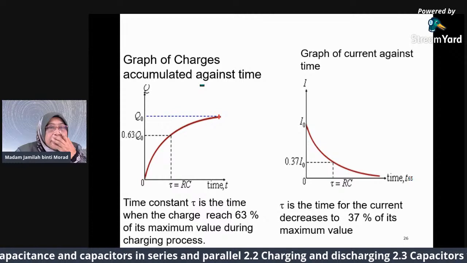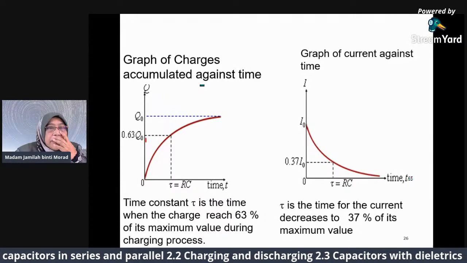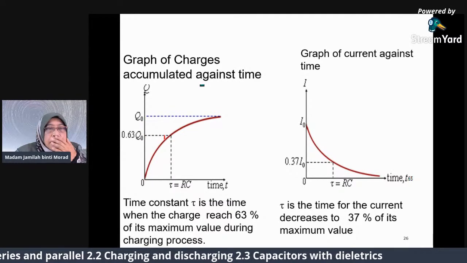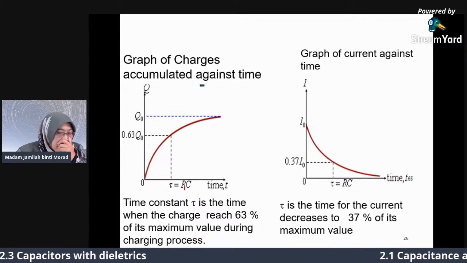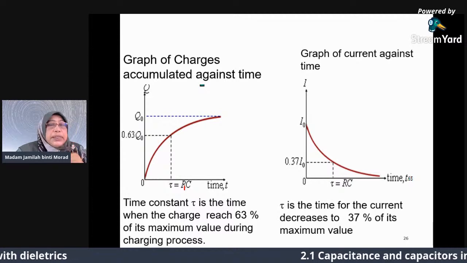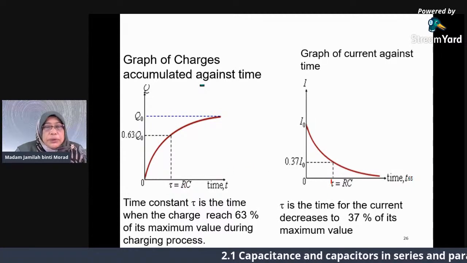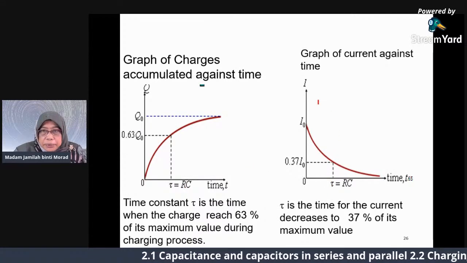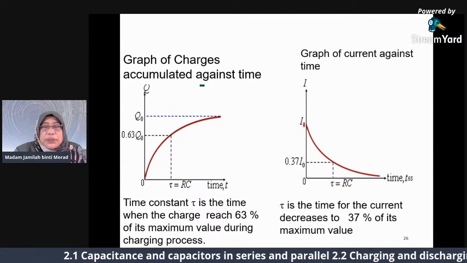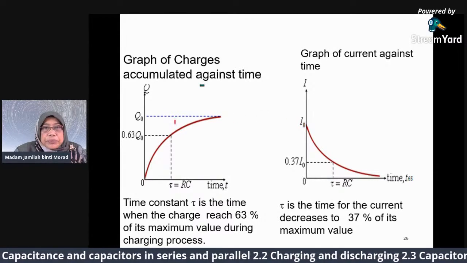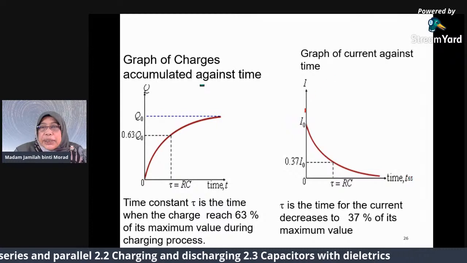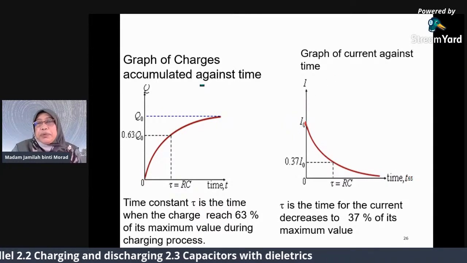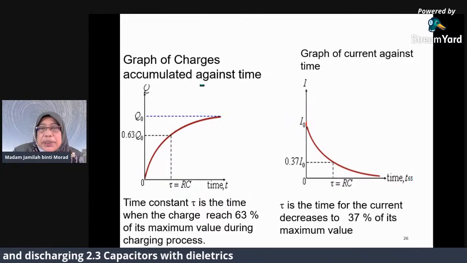The time constant, just now, is 0.63 of its maximum value Q naught here. So you get tau equal to R times C, the resistance that you use in the circuit times the capacitance. Okay, for the current, during this charging process, the current initially is at maximum value.